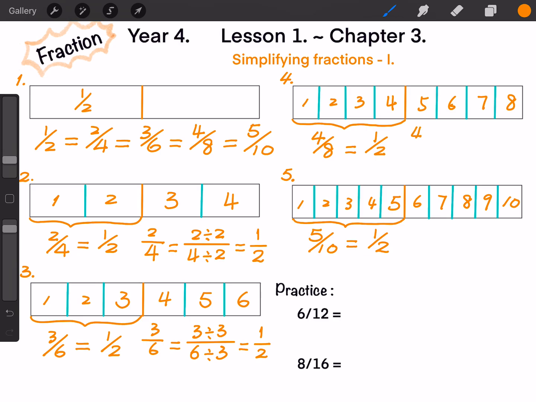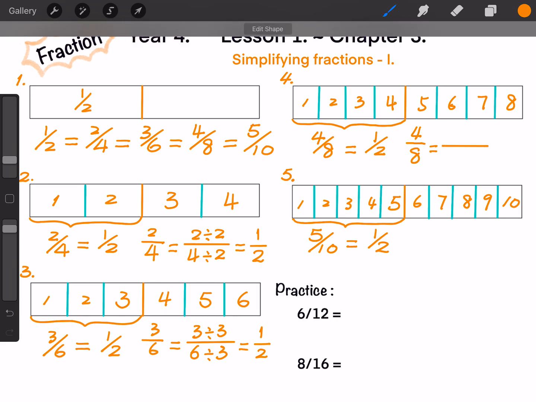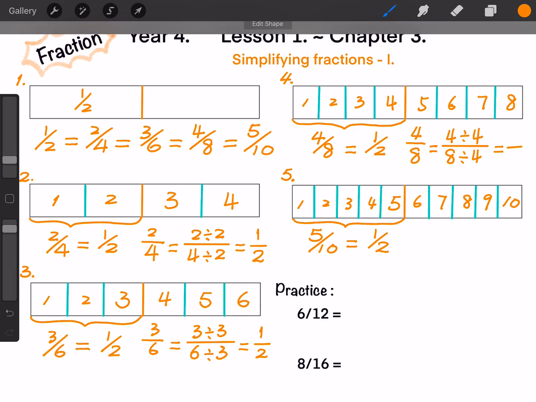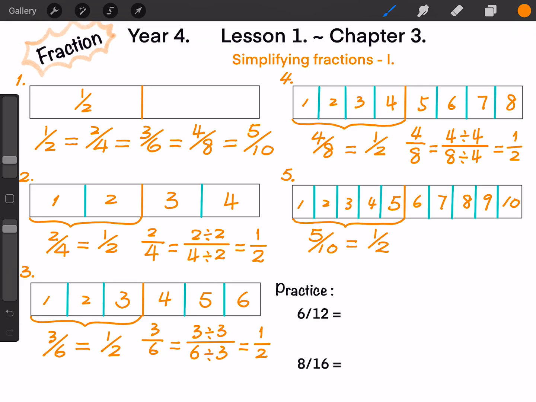Next one, 4/8. We will do the same thing. For the numerator, 4 divided by 4. The denominator, 8 divided by 4. So the numerator and the denominator are divided by the same number and still equals to 1/2.